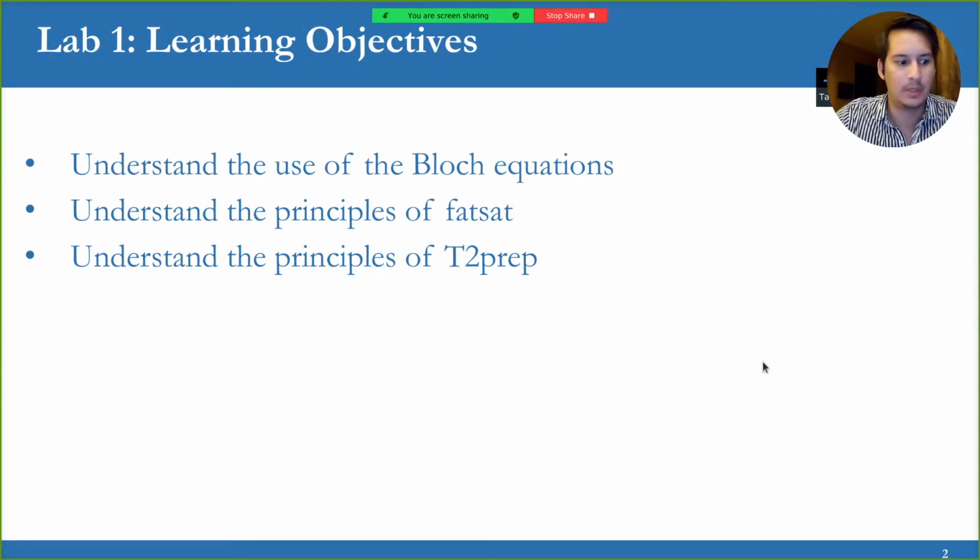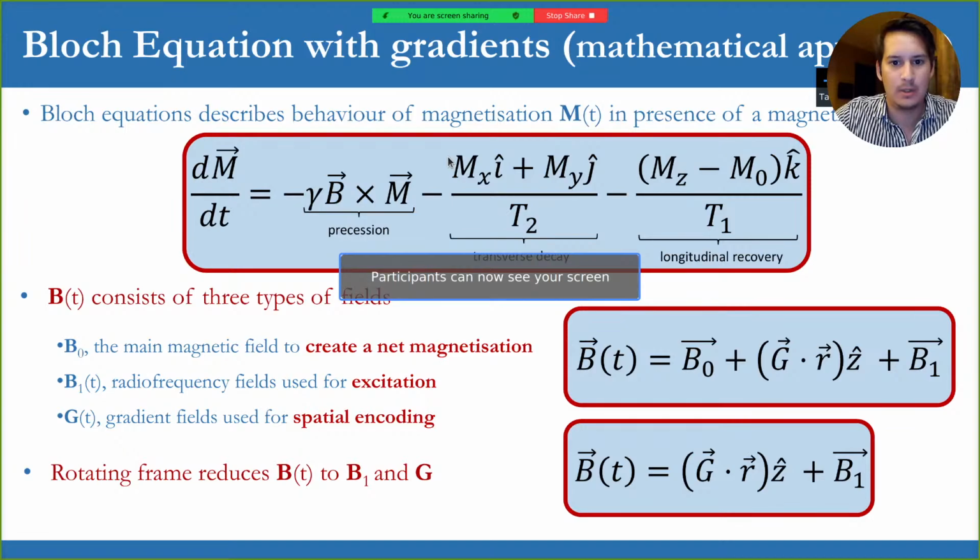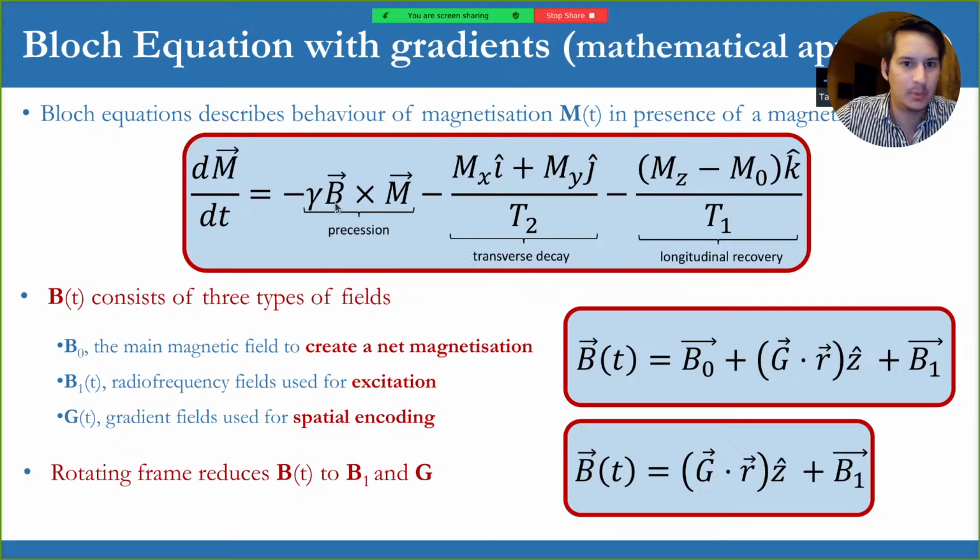Okay, so basically, let's see the Bloch equations, and as we have already discussed in the extra TA, the Bloch equation has three primary terms. One has the cross product between the magnetic field and the magnetization vector that serves to describe the precession of the spins, or the rotations of the spins, with respect to the main magnetic field, B0.